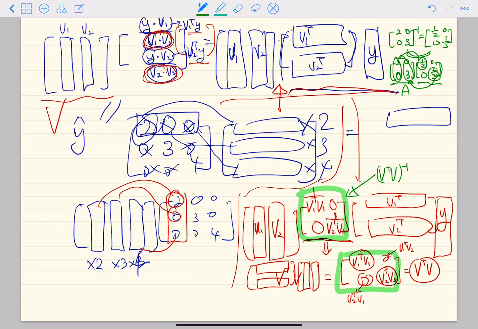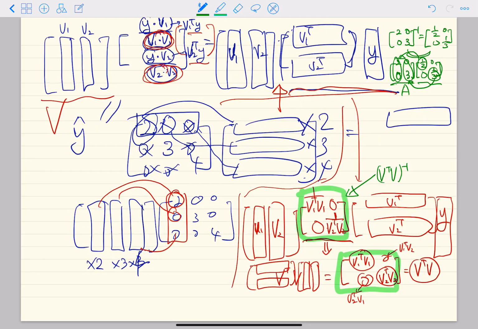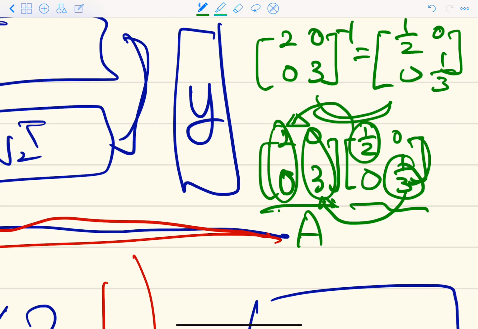In that manner, 2, 0 scaled by 1/2 becomes 1, 0, and 0, 3 scaled by 1/3 becomes 0, 1, and thus they are inverse matrices of each other.